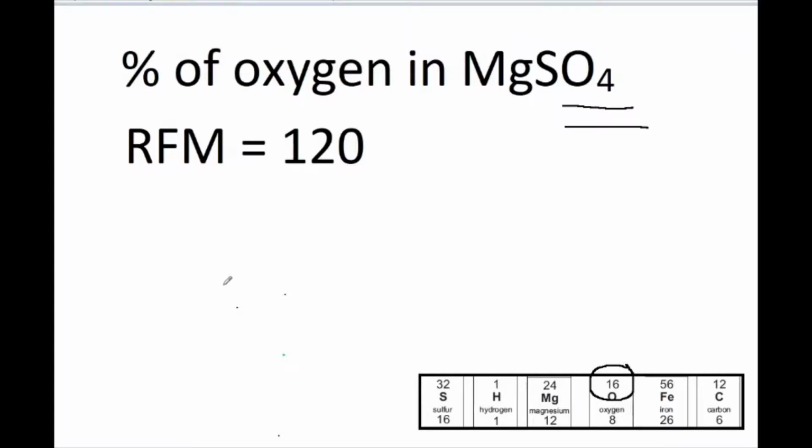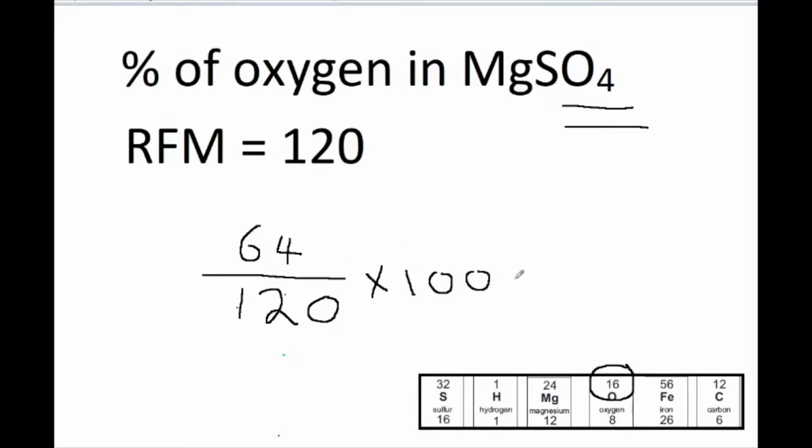So if we do 16 times 4, we should get 64. Now the RFM, or the mass of this whole compound, was 120. So we'll do 64 over 120 times 100. And if you round to 3 significant figures, you should get an answer of 53.3%.